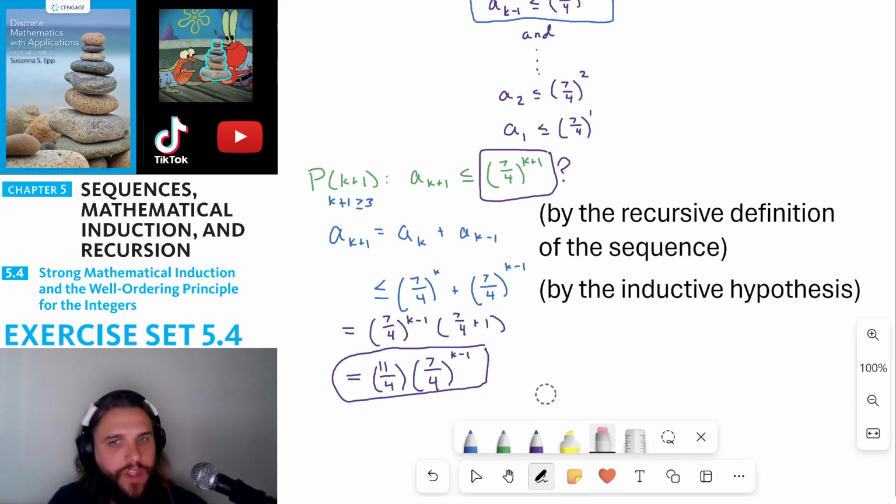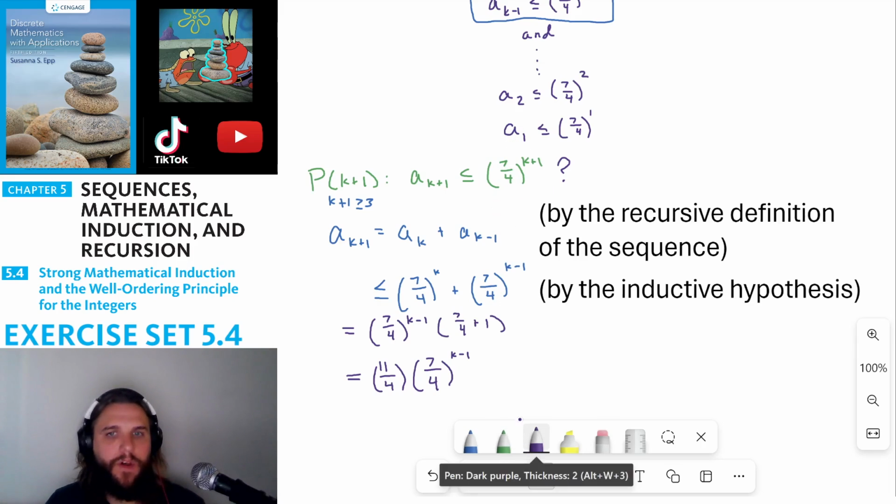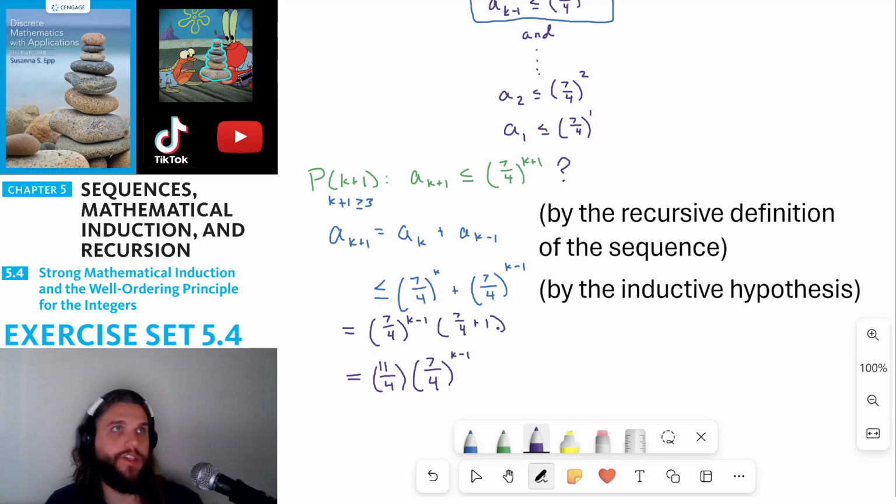The way I'm going to do this is going to be strange, but when you see it, hopefully you can apply this technique to future inductive steps that are similar to this, which typically include induction problems with inequalities. What I'm going to do is take this 11/4 and write it in terms of 16ths. That's going to seem weird, but you'll see why in a second.